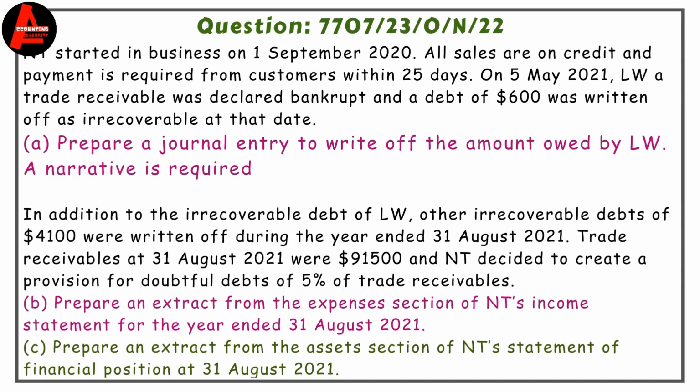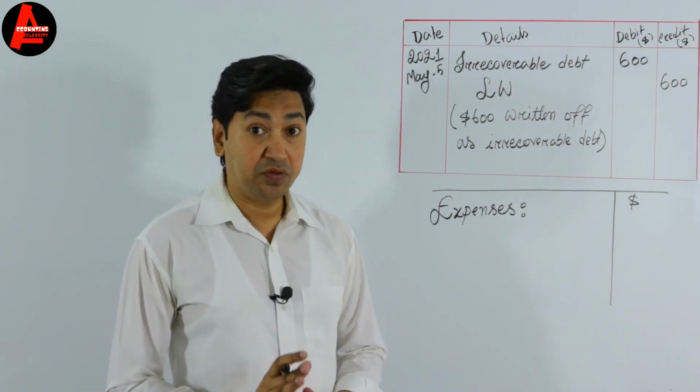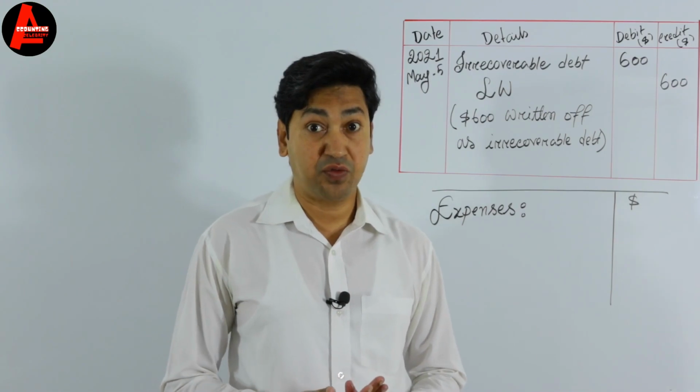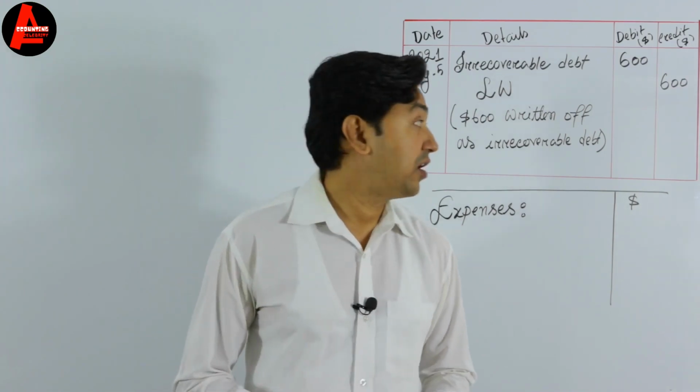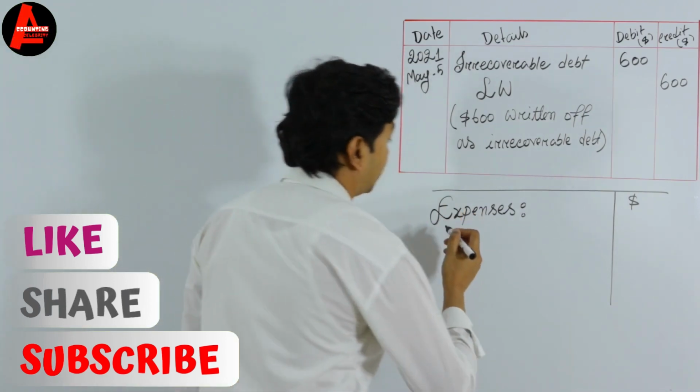Prepare an extract from the expenses section of Anti's income statement for the year ended 31st August 2021. Here we have some other irrecoverable debts, which is $4,100. So what is the total irrecoverable debts? Let us write that one first.